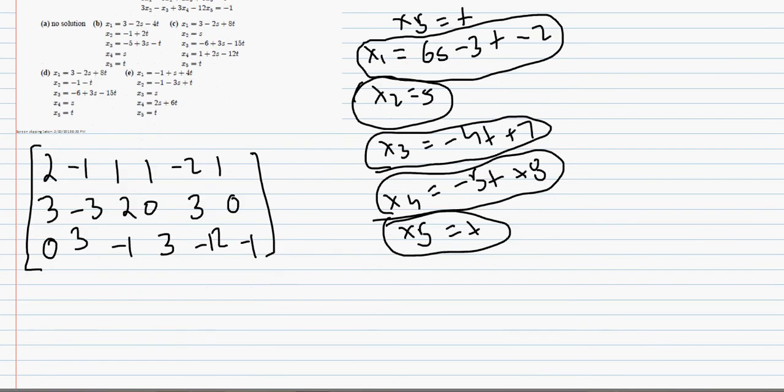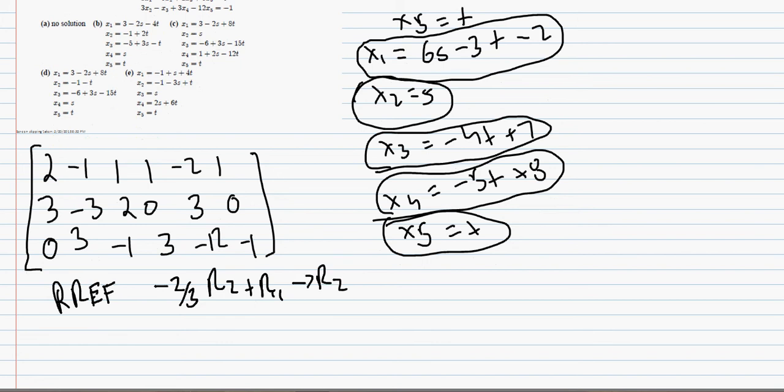Now what we're going to do is put this into reduced row echelon form, RREF. And we discussed that in our previous video. So I'm just going to write down the steps that I took in order to get there. What I did was negative 2/3 times row 2 plus row 1 changes row 2.